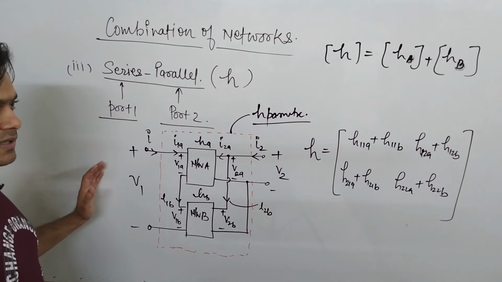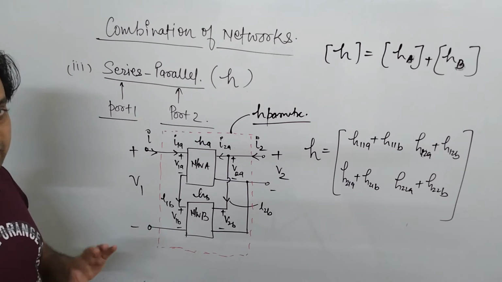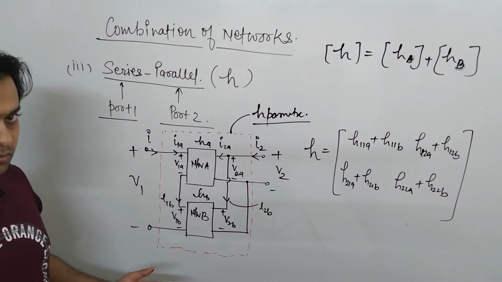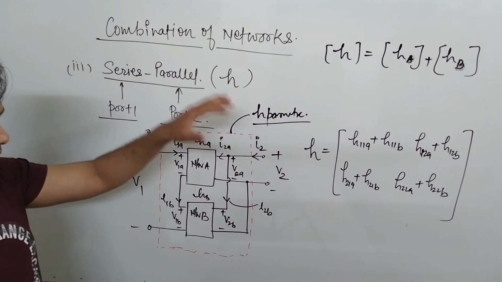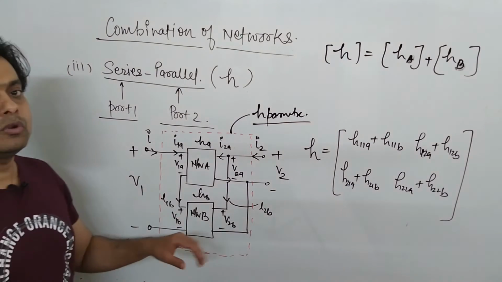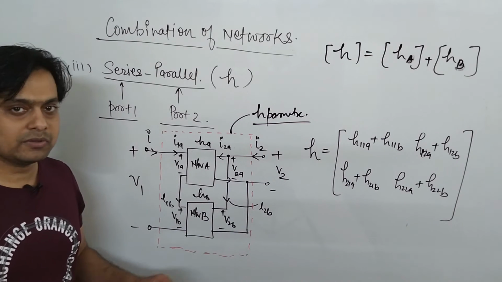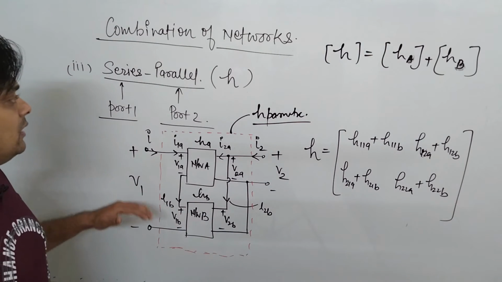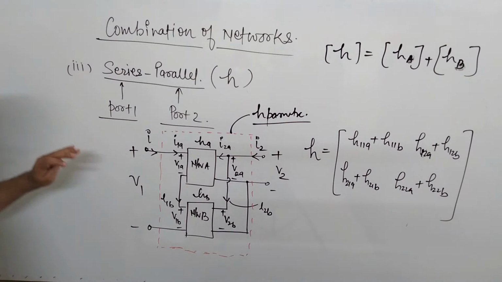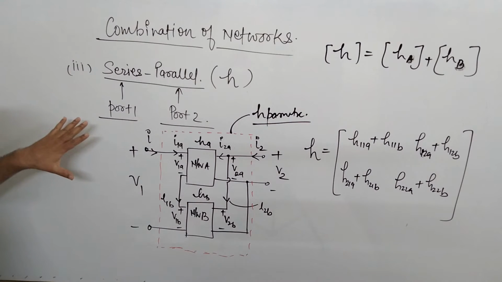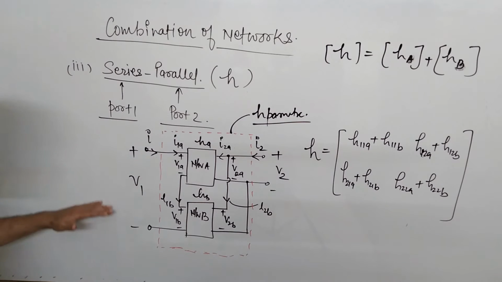So if series exists, simply find the Z parameters and then apply a conversion. Because it will save your entire time and it will be easier for you to find the solution. Okay, so this is the way and this is the technique to understand. Just keep in mind, this is a short trick based technique.